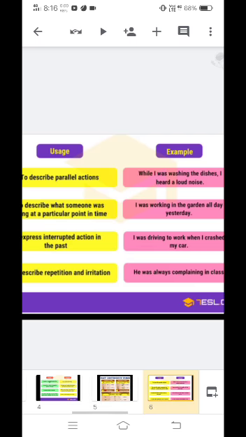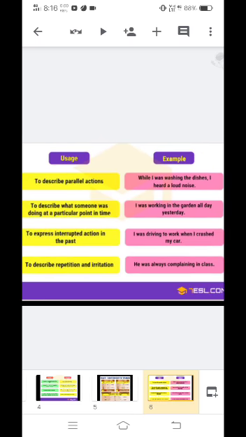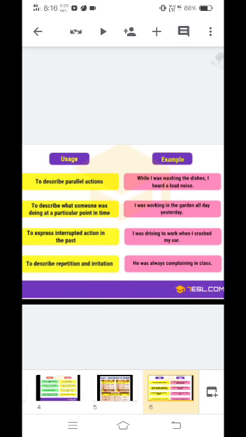Okay, so let's see its uses with examples. This past continuous tense is used to describe parallel actions, like while I was washing the dishes I heard a loud noise. To describe what someone was doing at a particular point in time, at a specific point of time: I was working in the garden all day yesterday.